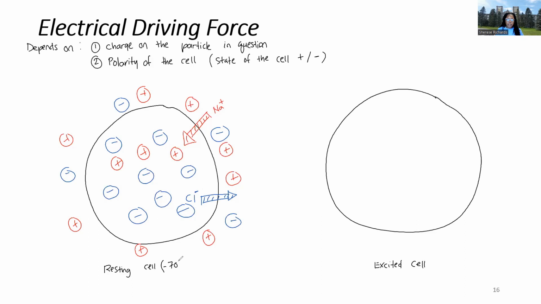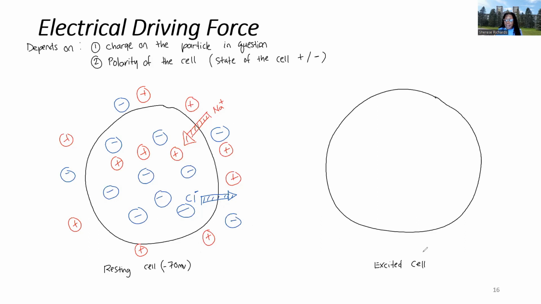And as we described earlier, negative 70 here means that there's more of a negative environment, right? And the strength of that being 70 on the inside of the cell than there is on the outside of the cell. So that's what that negative 70 millivolts means. It's always referencing the intracellular fluid as opposed to the extracellular fluid.